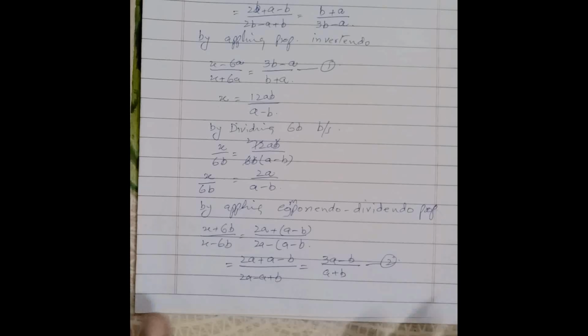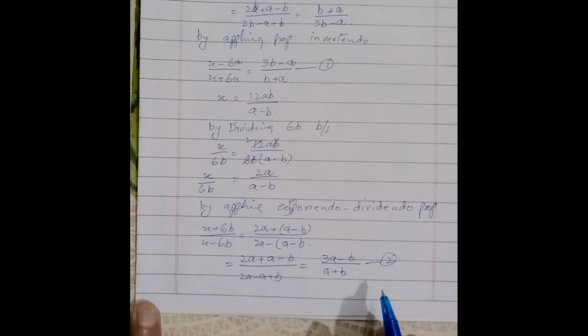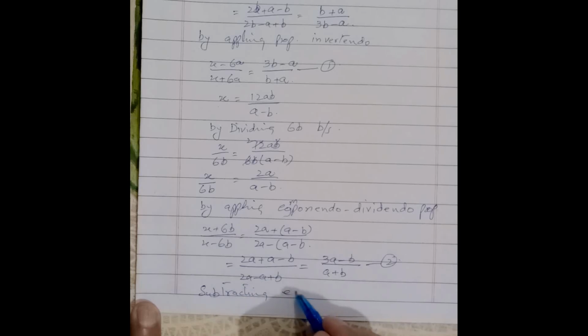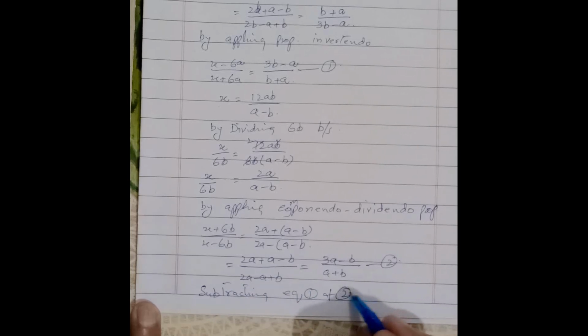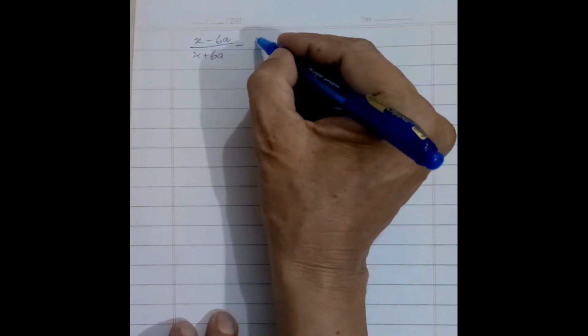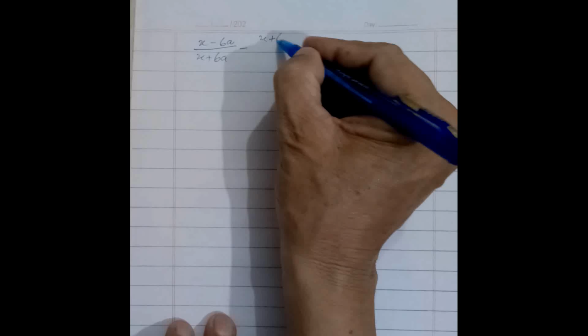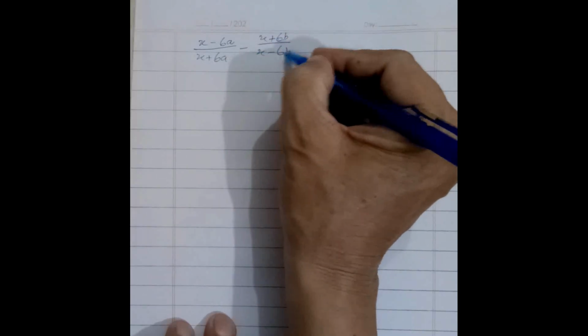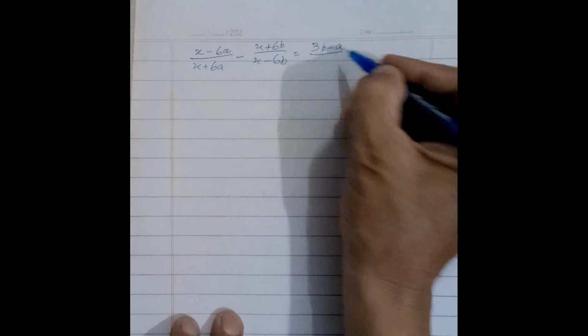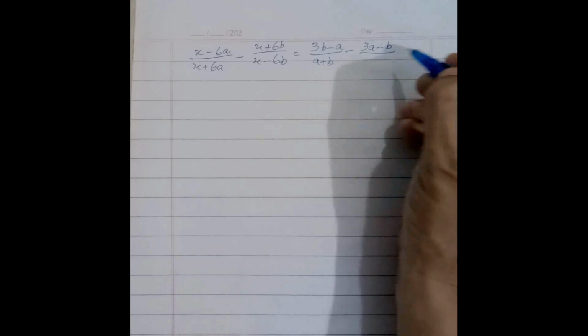Now we subtract equation 1 and 2. Subtracting, (x minus 6a) over (x plus 6a) minus (x plus 6b) over (x minus 6b), we get (3b minus a) over (a plus b) minus (3a minus b) over (a plus b).